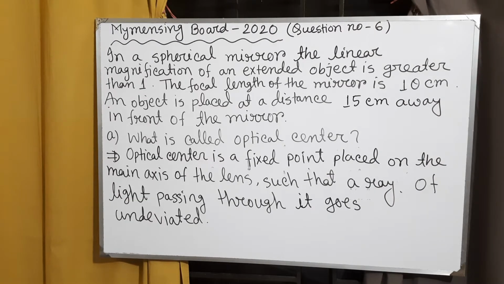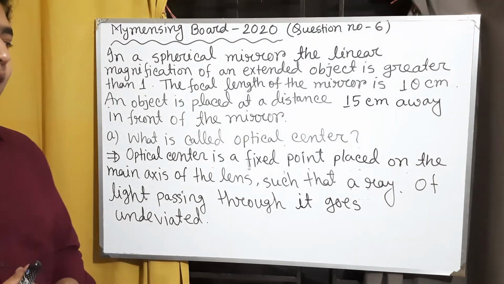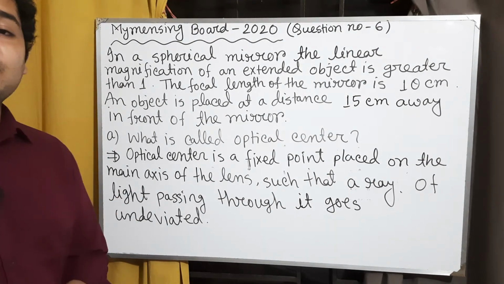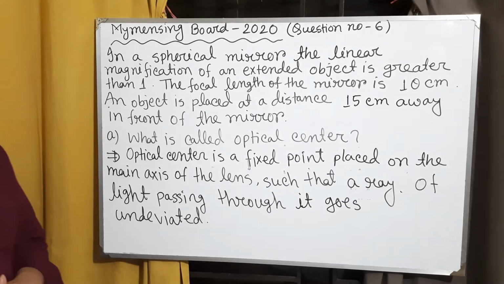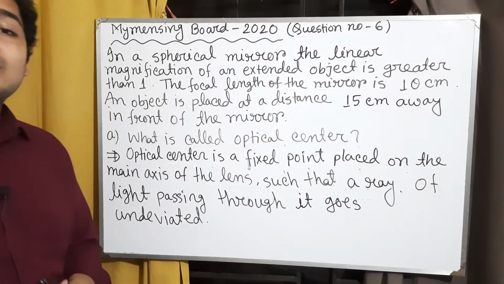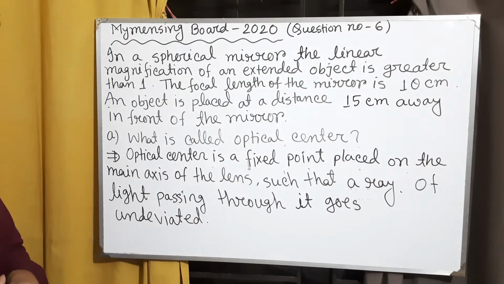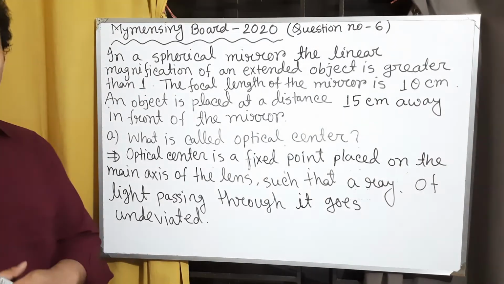Our first question is: what is called optical center? The answer is: optical center is a fixed point placed on the main axis or principal axis of the lens, such that a ray of light passing through it goes undeviated.